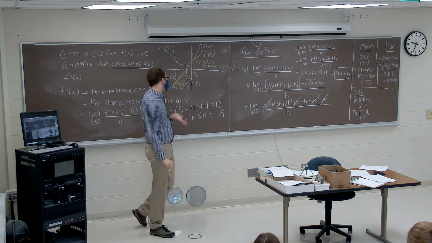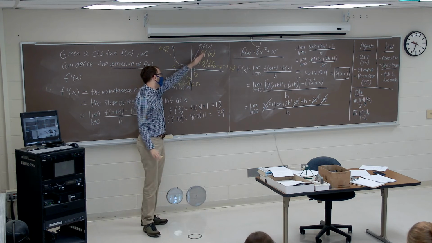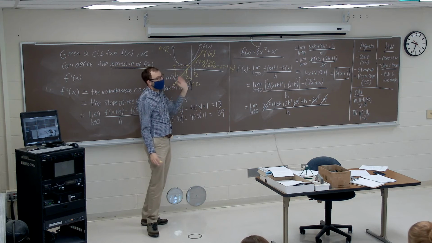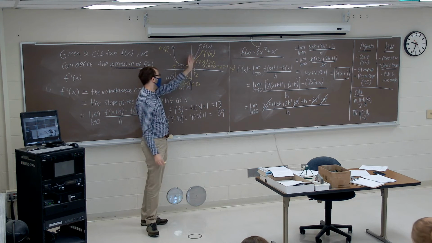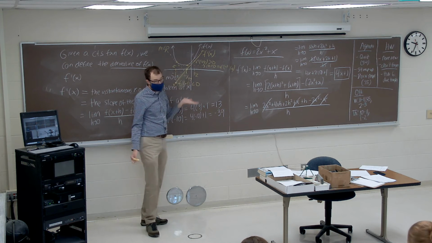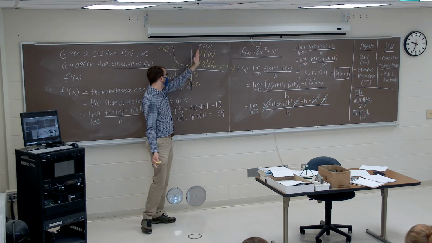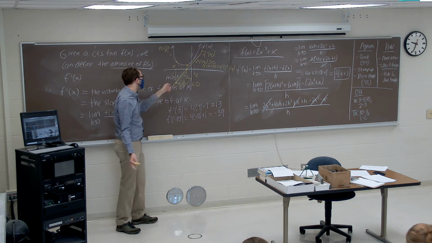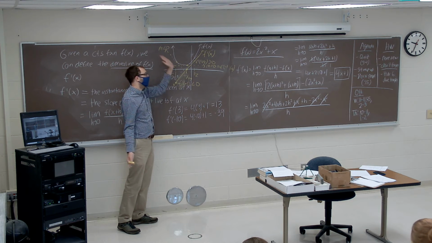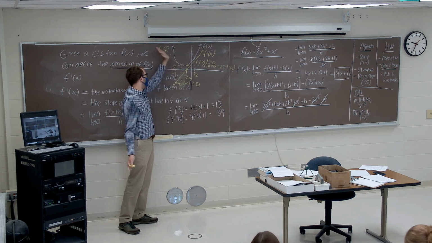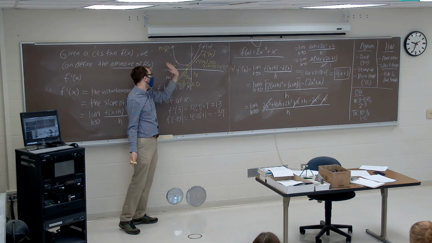So in general, if f prime of x gives a positive output, that means the original function has a tangent line with a positive slope. It's going to be increasing. And if f prime comes out to something negative, then our original function is going to have a tangent line with a negative slope.